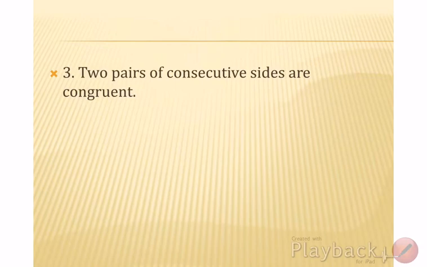What about two pairs of consecutive sides being congruent? Now, how many do we need to have for a pair? Okay, this would be a pair, consecutive, congruent, congruent. And then another pair being congruent.